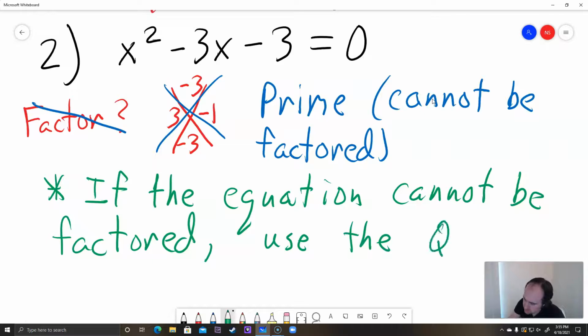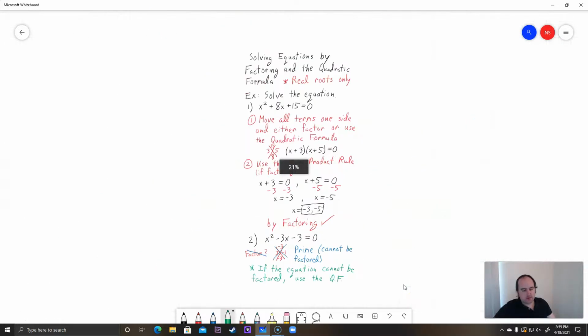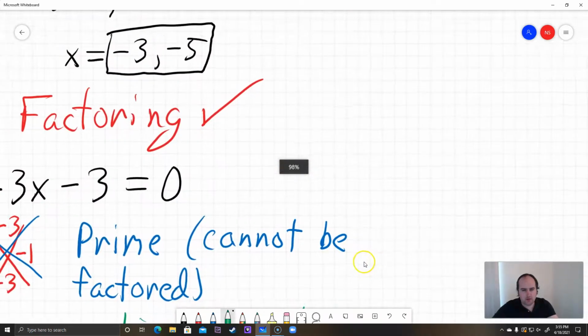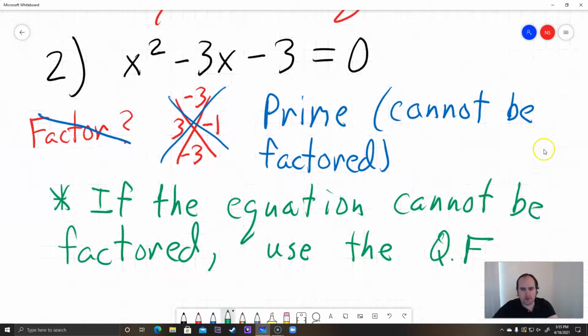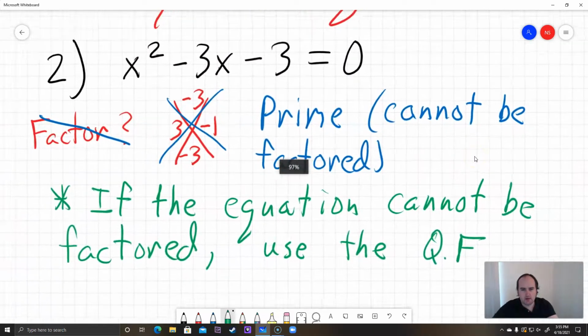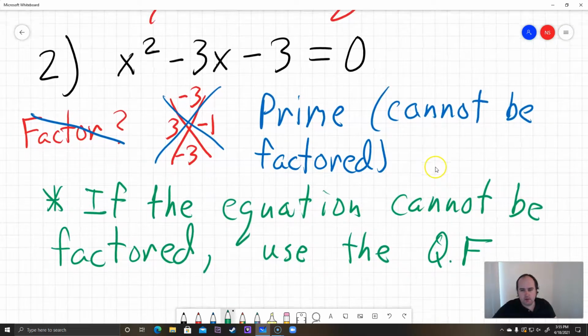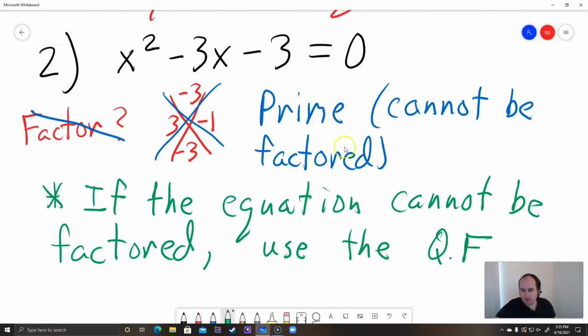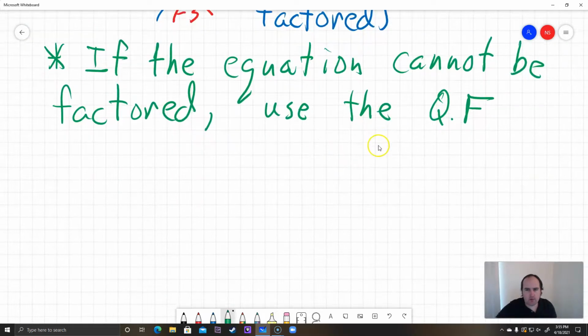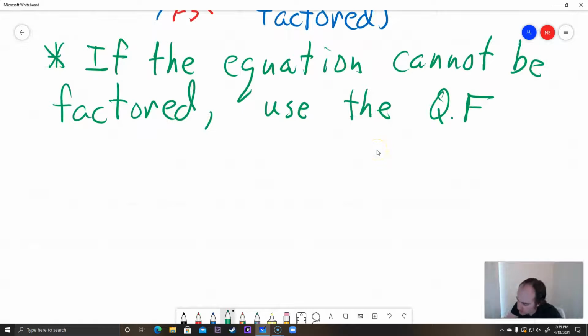I'm just going to write QF. Okay? So the quadratic formula is one of the most famous formulas out there. Oops. Let me zoom back in here. I pressed the wrong button, obviously. Okay. So we're going to use the quadratic formula, which is actually one of the most famous formulas out there.